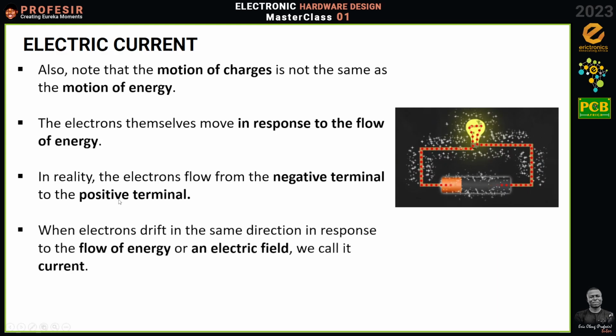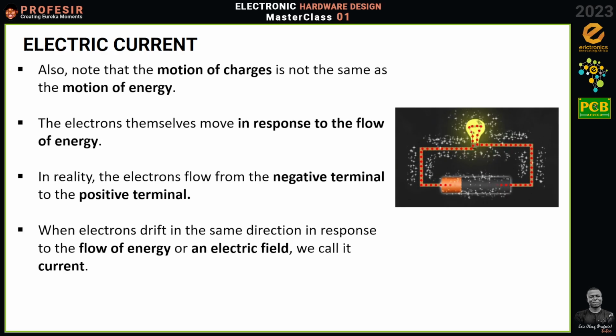Now, when the electrons drift in the same direction in response to the flow of energy or the electric field, we call it current. We've already heard of voltage, now we've heard of current. Current is simply electrons that are drifting.